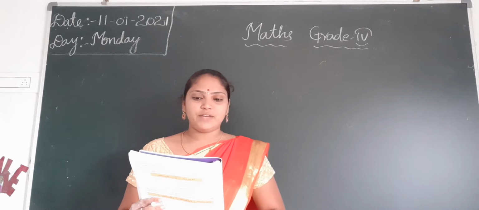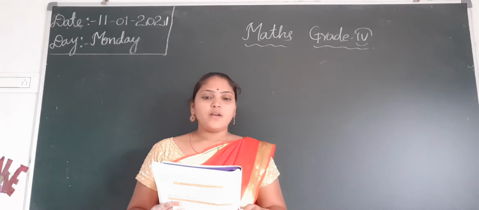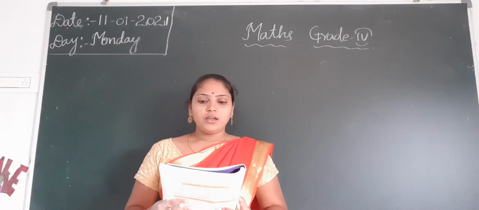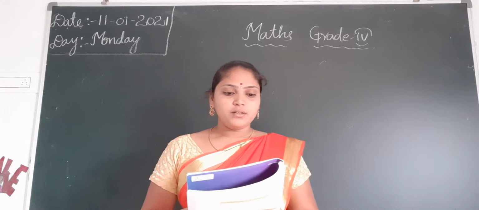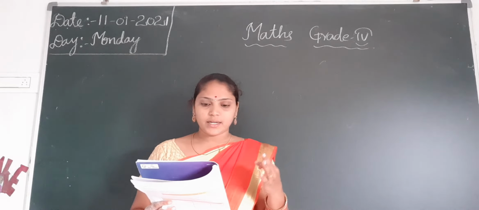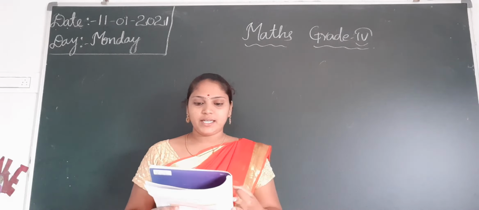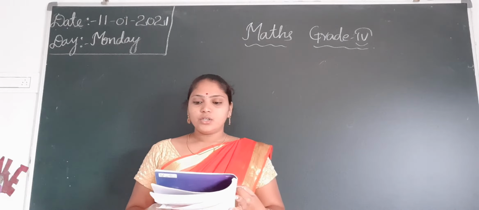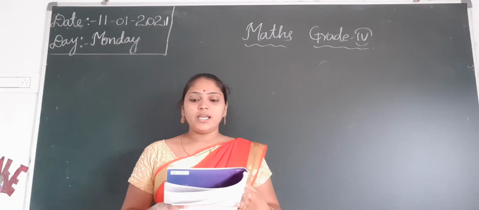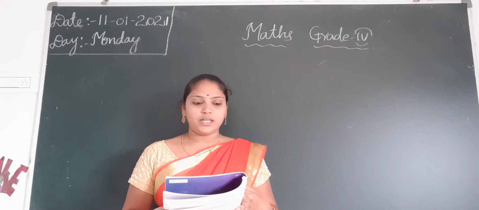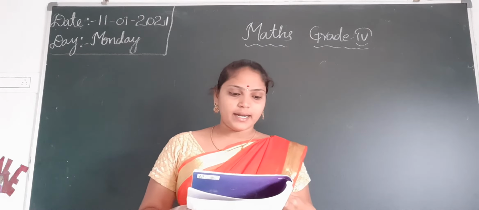Using the test for divisibility by 2, 5 and 10 to find the following. So here 3 clues are given, children. Anyone wearing a number divisible by 2, 5 and 10 is a king or queen. So color them in red.